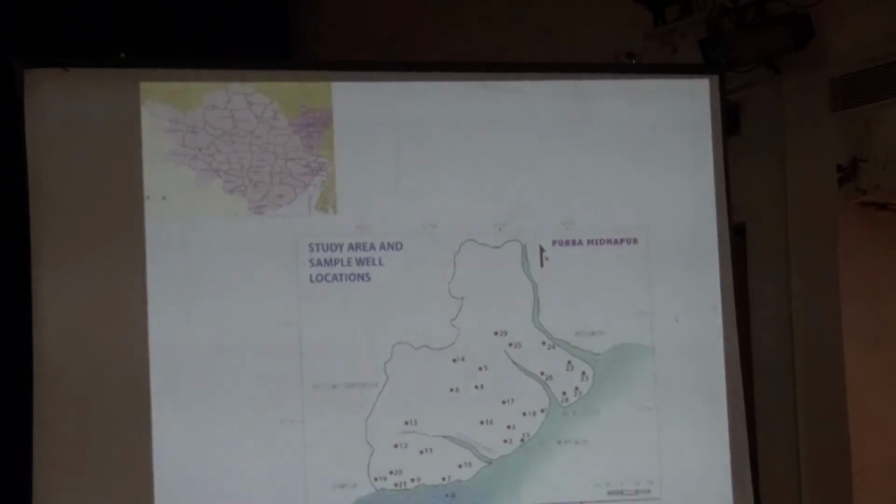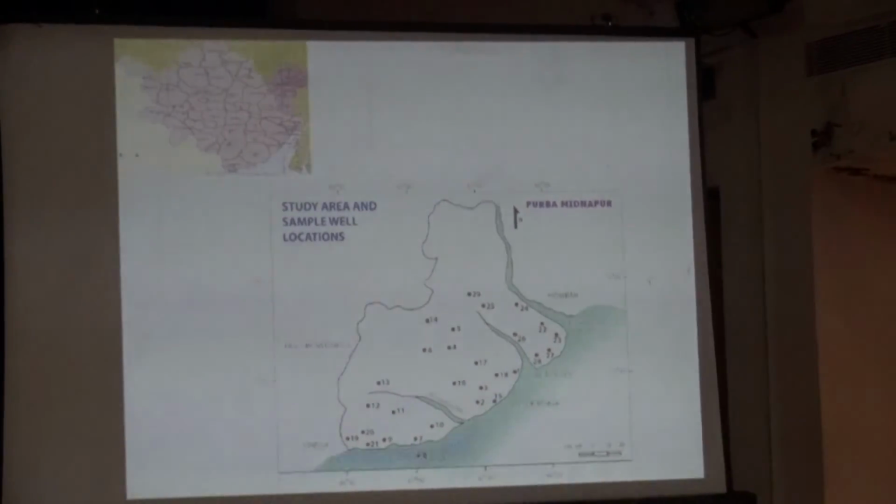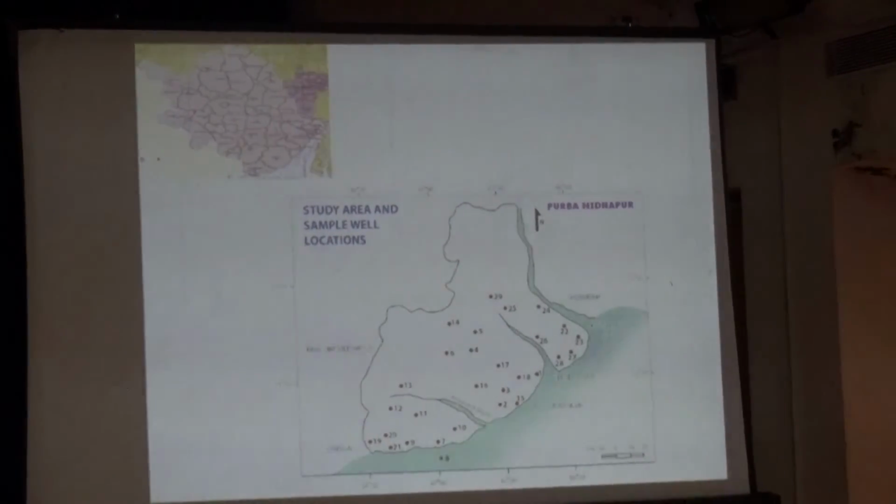Now, the difficulty with that obviously was that the distribution of the wells was not as precise as we would have wished it to be, and in some places wells were placed closely apart, in some places a little far apart. But we had to entirely rely on what the government had done, and on the spots at which they had dug the wells, we had no option but to take water from those wells.